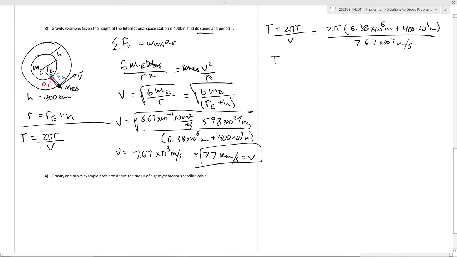And when we crunch these numbers, we find that the period is going to be about 5.5 times 10 to the 6 seconds. It's a lot of seconds. It's a little bit hard to visualize that. So if we divide by 60 seconds, this tells us that the period is 92 and a half minutes.